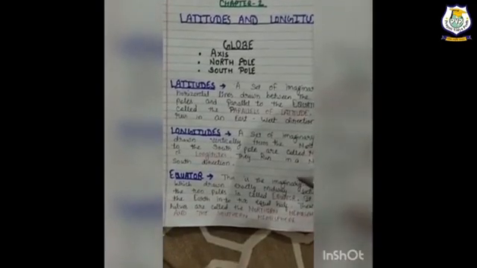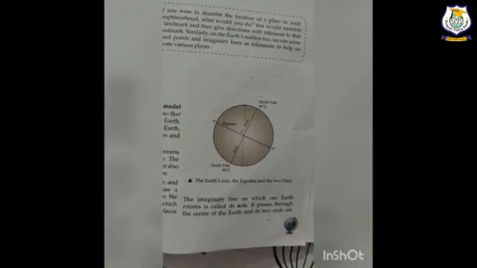Next, if I can say this is a kind of sphere, so it means that it is of 360 degree. It means you have the axis of 360 degree, and around this 360 degree you have 24 hours that are calculated.